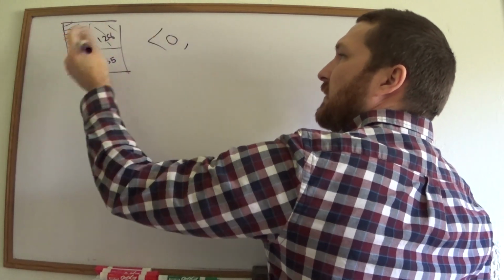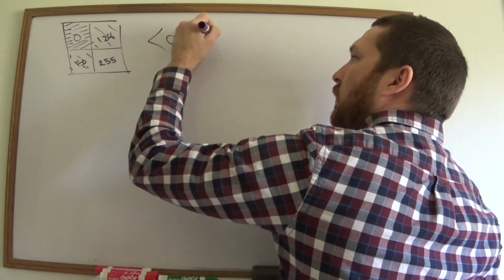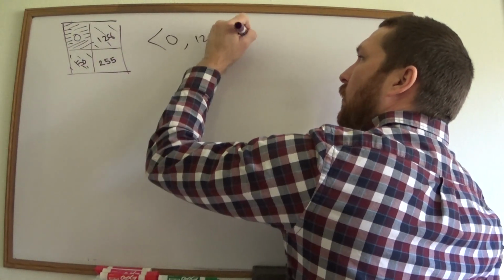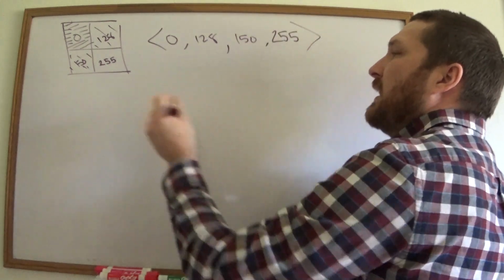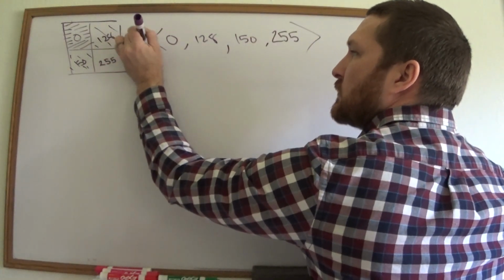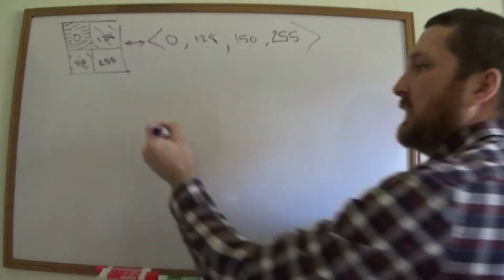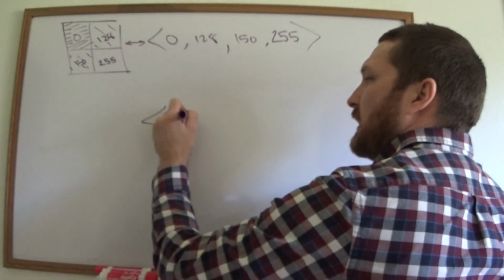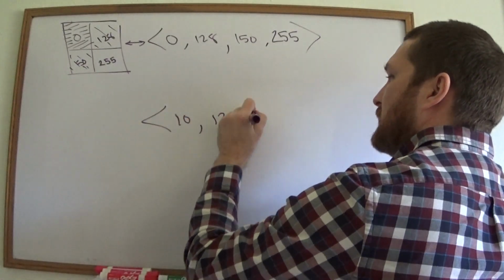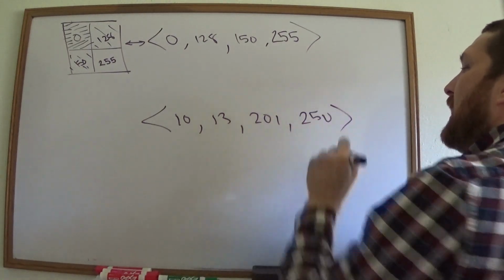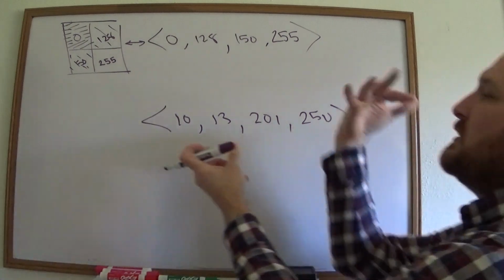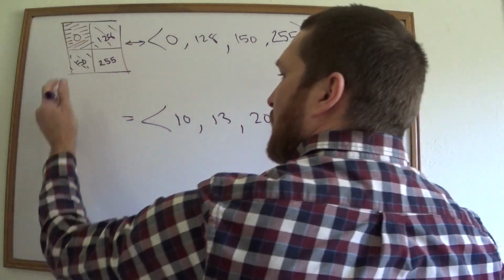And so you go, okay, then this would be the vector 0, 128, 150, 255. And there's a one-to-one correspondence here, because once you have your scheme, I could give you any one of these. I could say 10, 13, 201, 250. And you could say, okay, given that, I could reconstruct a picture.